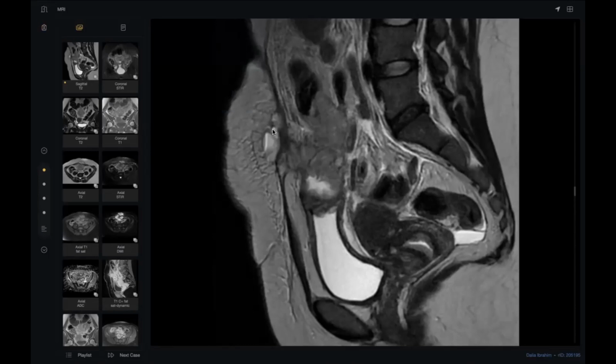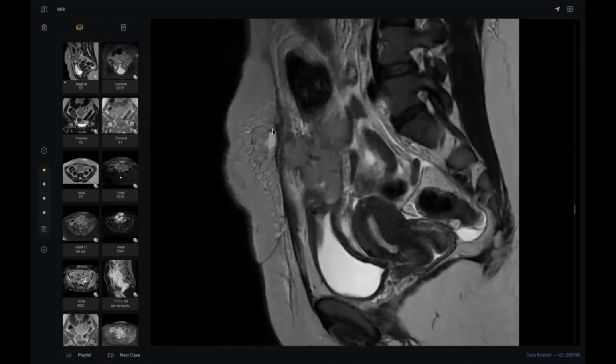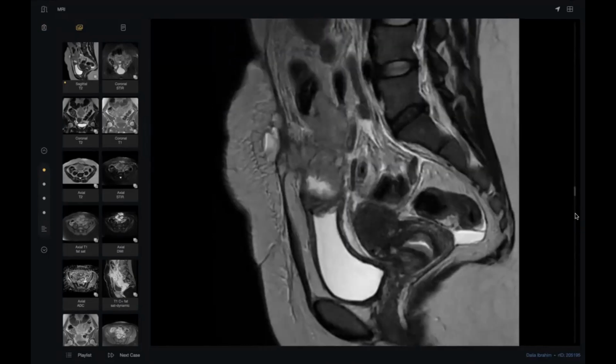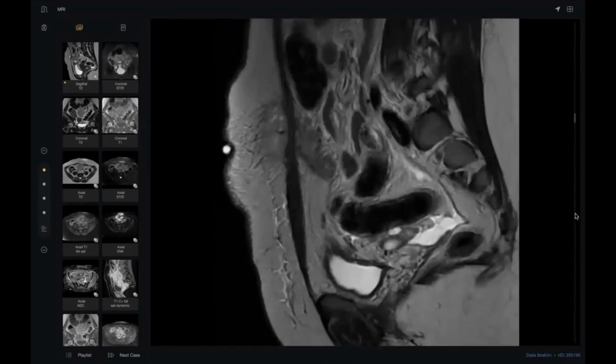I have been provided with an MRI of the pelvis of a 25-year-old lady presented with lower abdominal pain post-intervention. I would like to have a general look before starting my comments. It's not scrolling, although I requested the scroll. I will scroll for you.